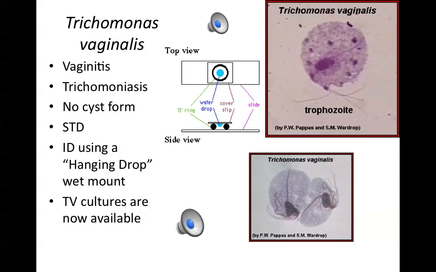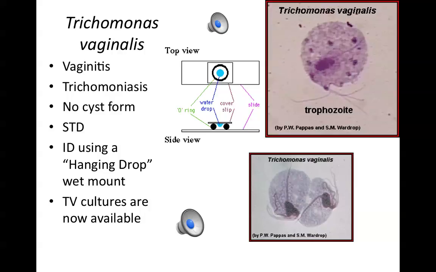Now, most of the time when we order a hanging drop, that's really not what gets performed in the laboratory. Technically, a hanging drop is very challenging, believe it or not, and it's simpler and quicker and easier to simply make a wet mount of the same mixture.